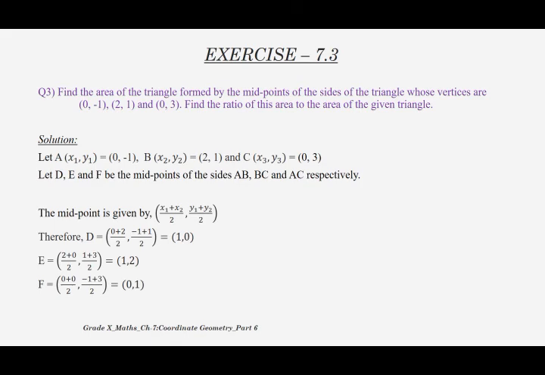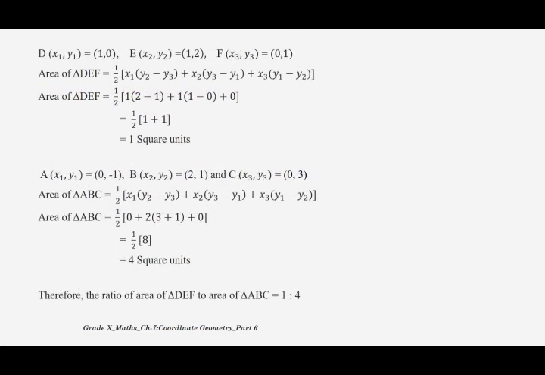So we have the formula substituting AB coordinates for finding D, BC coordinates for finding E, AC coordinates for finding F, we get D (1, 0), E (1, 2), F (0, 1). Now that we have calculated the midpoints, we can find the area of triangle DEF. Using the formula, substituting the values, we get area to be 1 square unit.